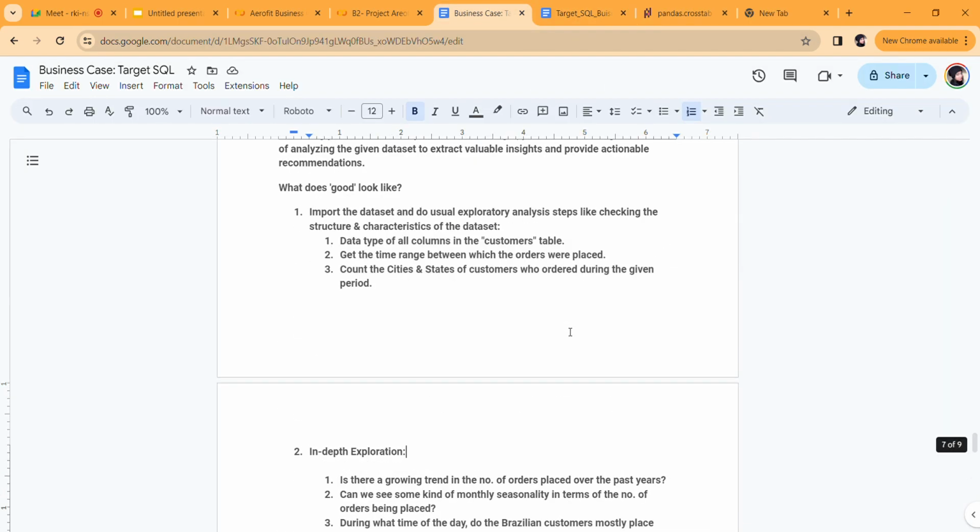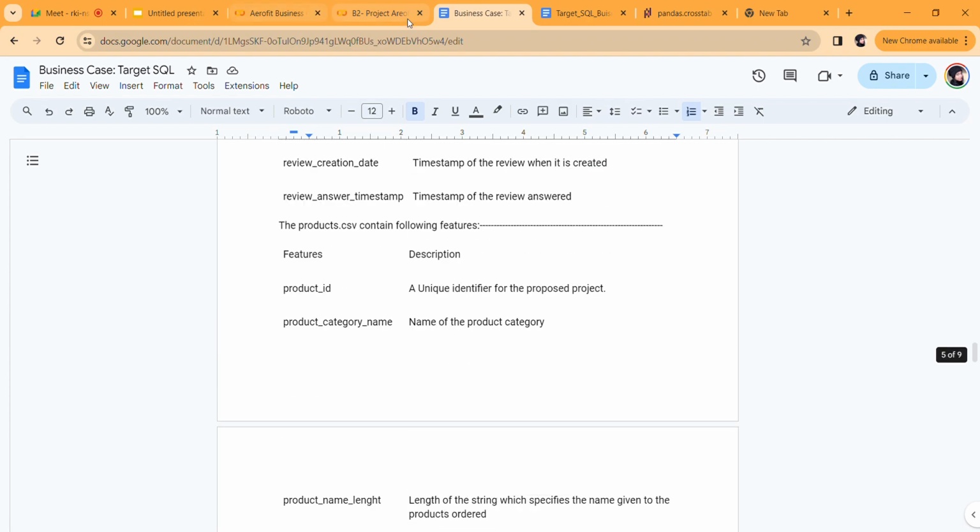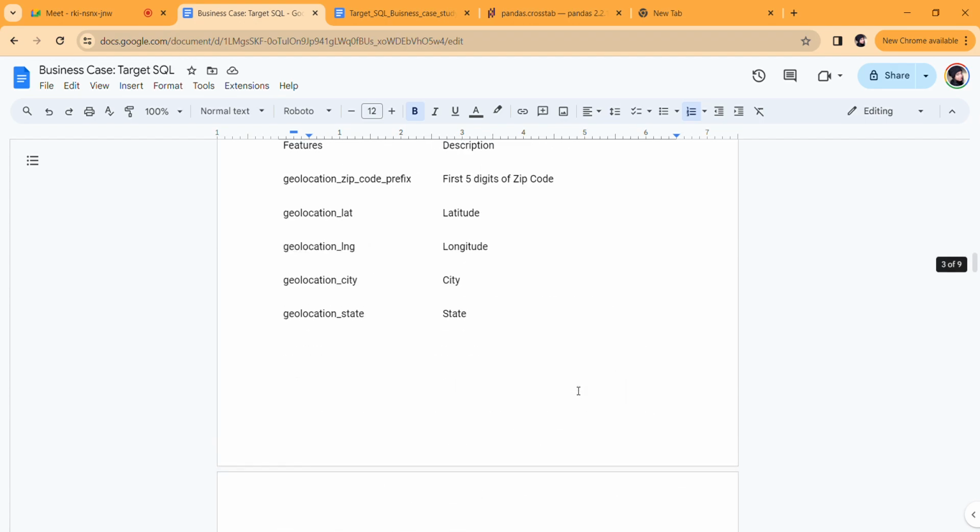This business case study of SQL, right? Still, I think a few people won't be able to complete it. So let me reduce the tabs, and we'll focus on the SQL project.